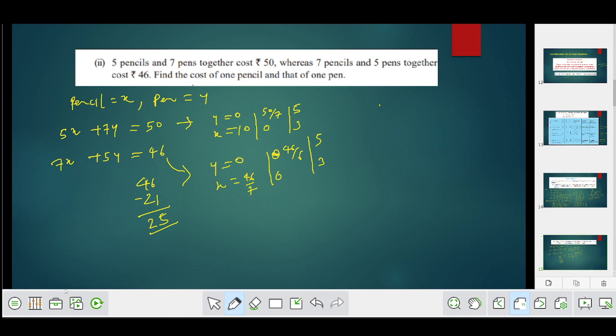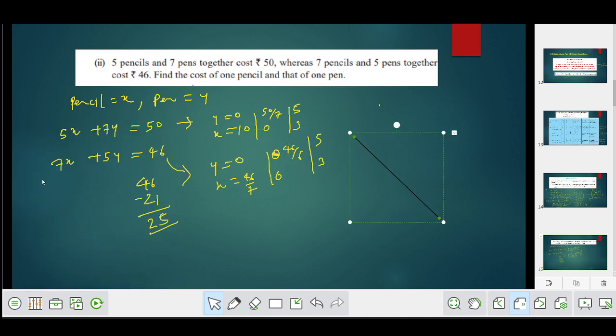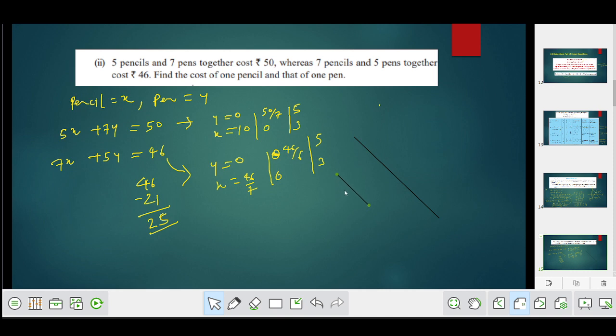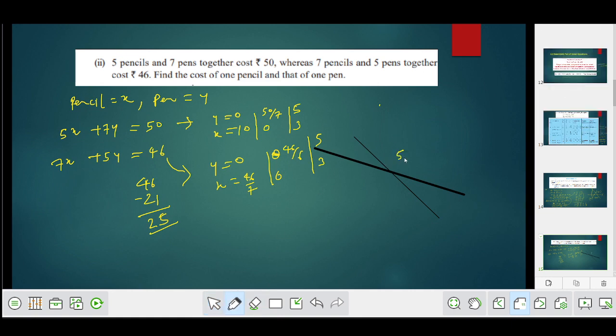If we draw lines, suppose here, okay, this is the drawing. This is the point 5 by 3.